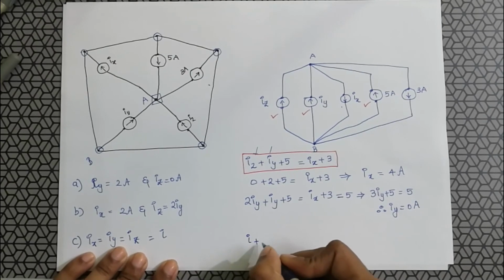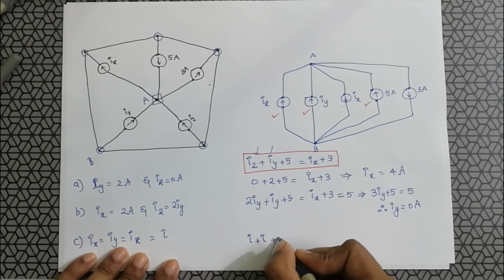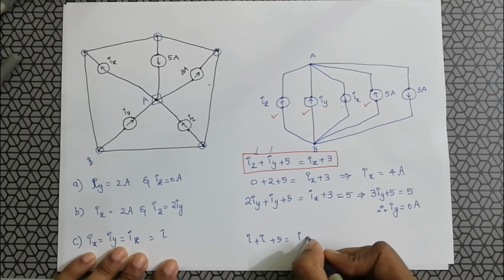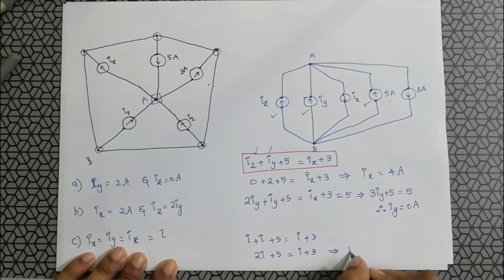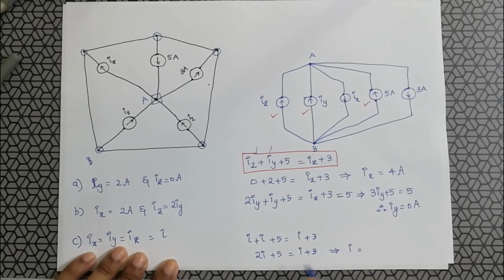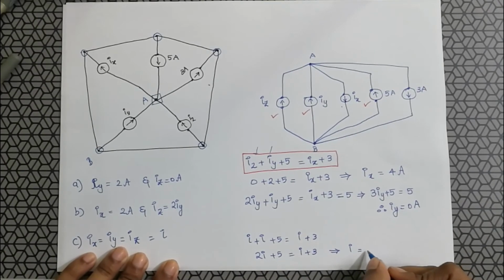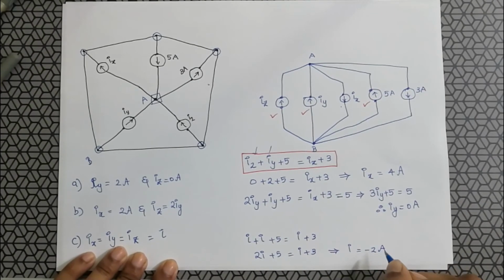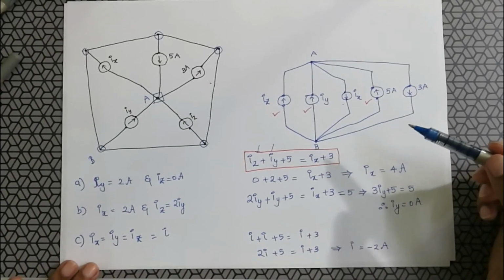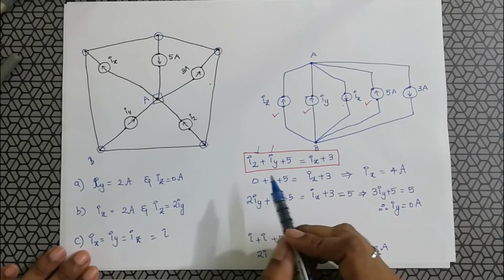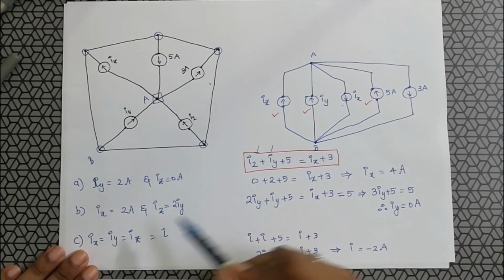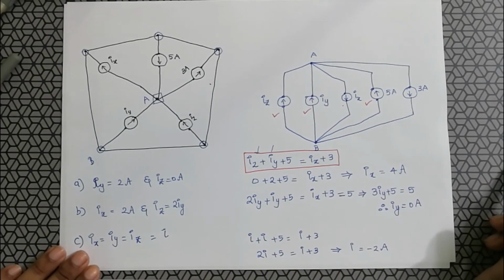Therefore, I plus I plus I plus 5 is equal to I plus 3. This implies that I is equal to 3 minus 5, which is minus 2 ampere. So by applying KCL to the circuit, we got an equation. Just by substituting the given values, we got the unknown values.